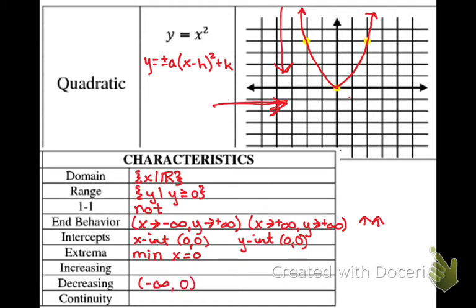And then as I keep going, it's going to go where? Up. So from 0 to infinity. Is it continuous? Yes. So continuity, does it have any holes, breaks, or sharp turns? The answer is no, and so the answer is yes.